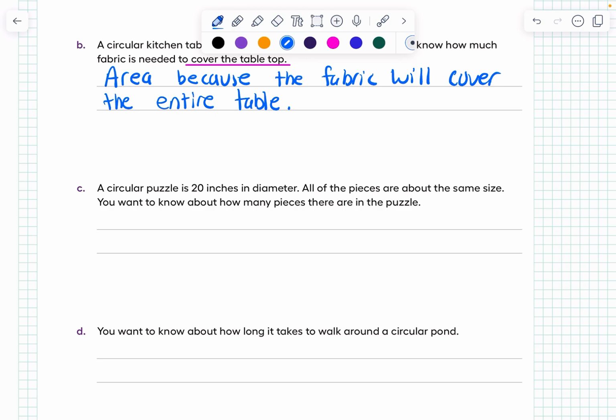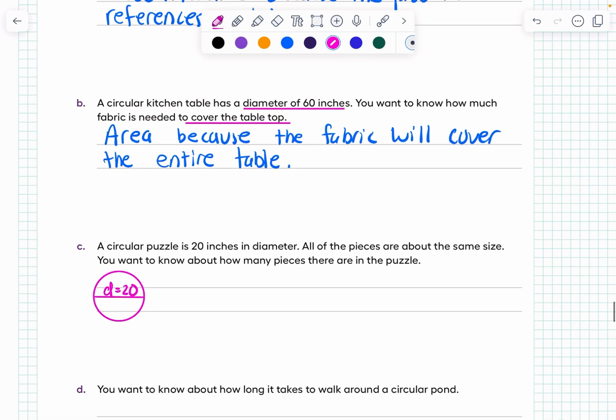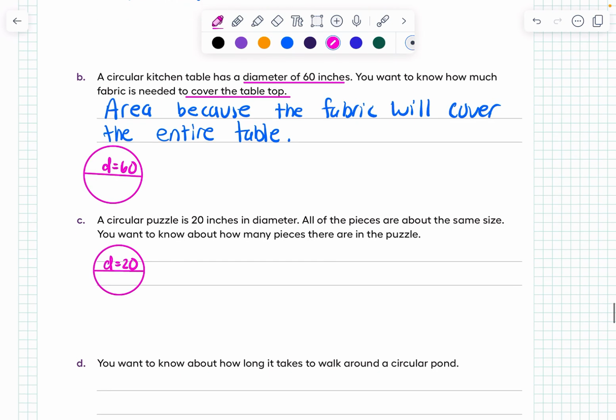Okay. Let's see. I think it's important to draw what that means. So we have a circular puzzle with 20 inches of diameter. Oh, and we probably should have drawn this one too. So a diameter of 60. Okay, so we have 20 inches of diameter. All of the pieces are about the same size.